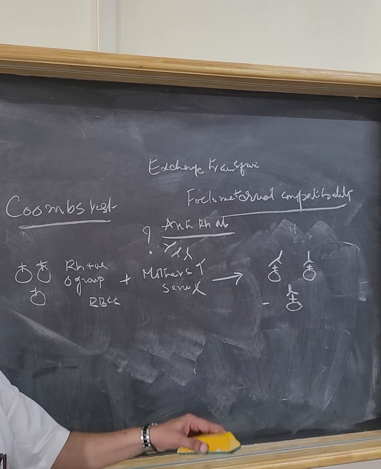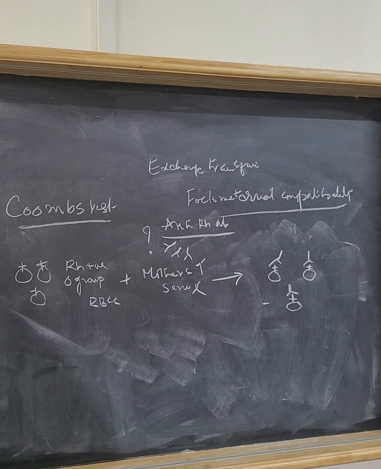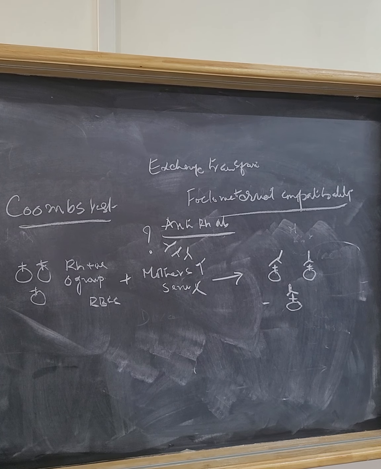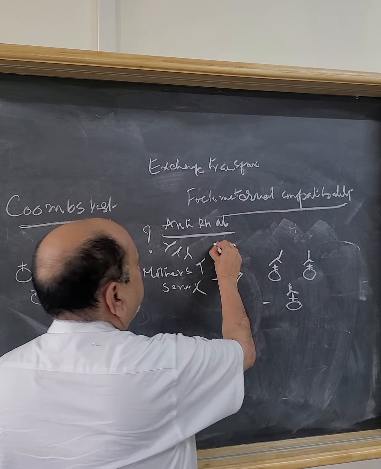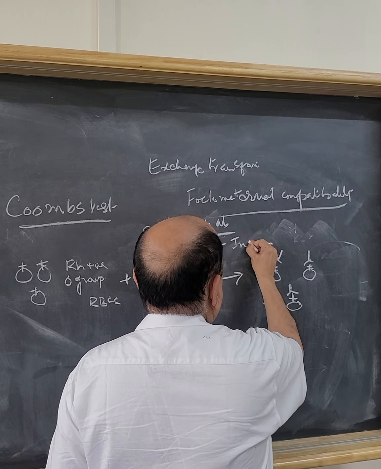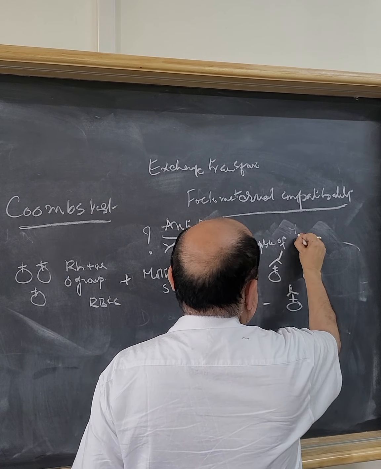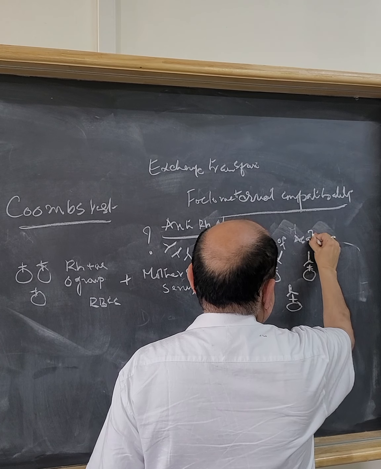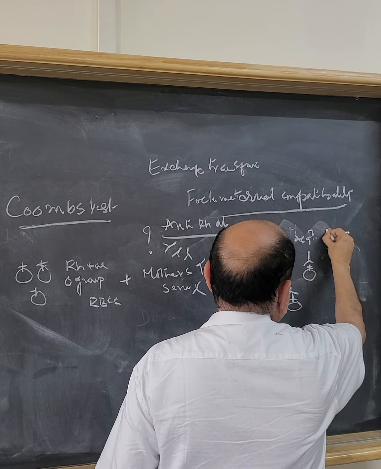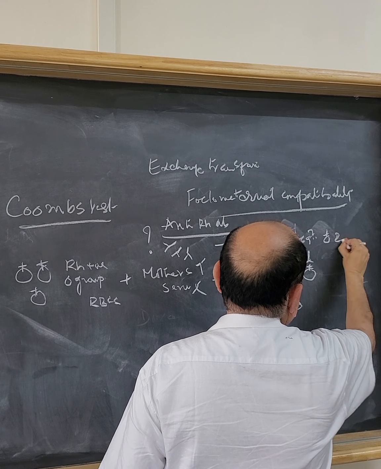Then what happens? Although there is an antigen antibody reaction, it is not visible because these anti-Rh antibodies are incapable of agglutination of O positive RBCs.